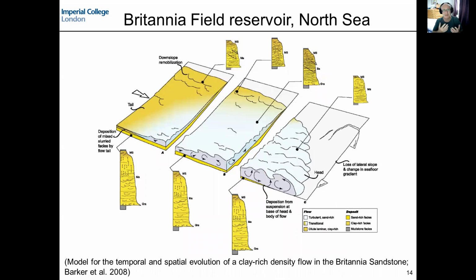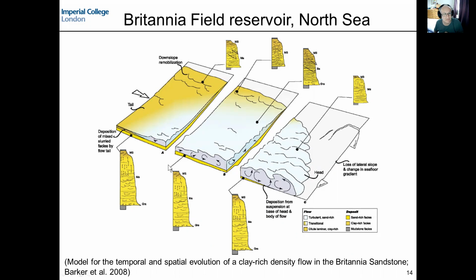This model shows the same kind of thing. This is based on extensive description of cores from the Britannia field in the North Sea. So here we're seeing an example of a cartoon of what is a flow which is largely a turbidity current, but at times it's carrying too much sediment to really be fully turbulent, and it behaves as one of these transitional flows halfway between a debris flow and a turbidity current.